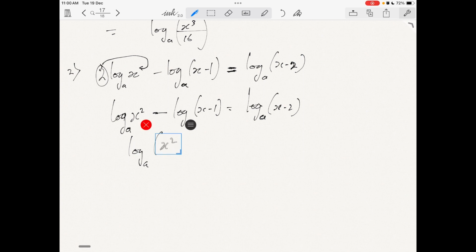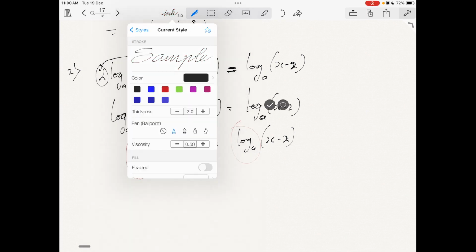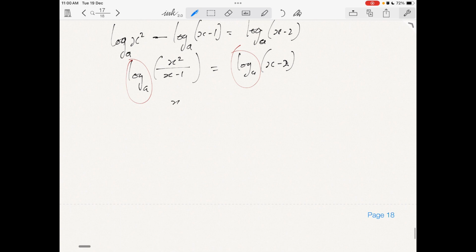Log x squared divided by x minus 1 is equal to log a of x minus 2. Now we realize that the common variable here is log to base a, so we can equate the numbers and say that x squared over x minus 1 is equal to x minus 2.